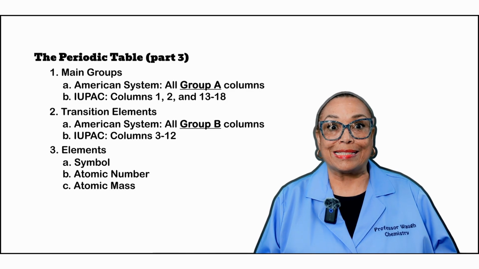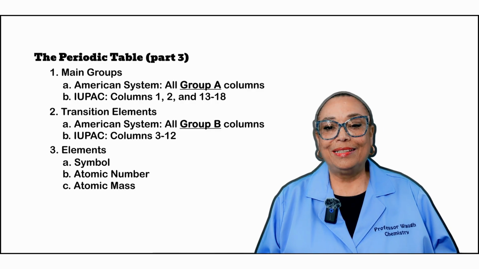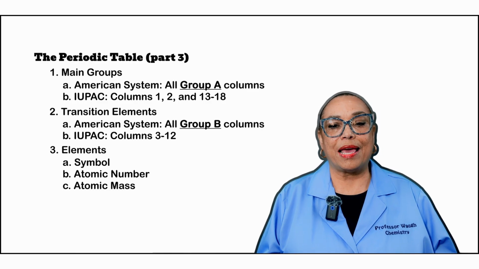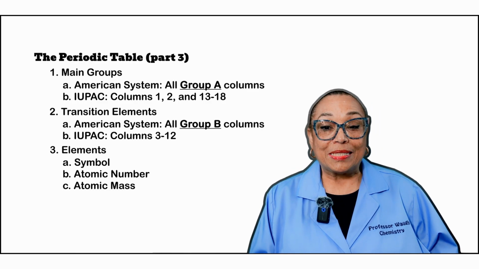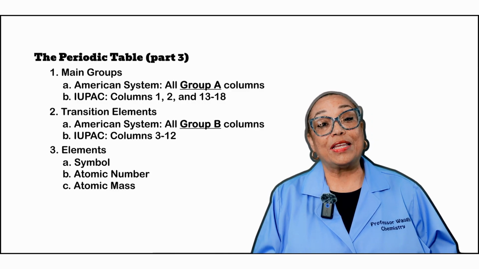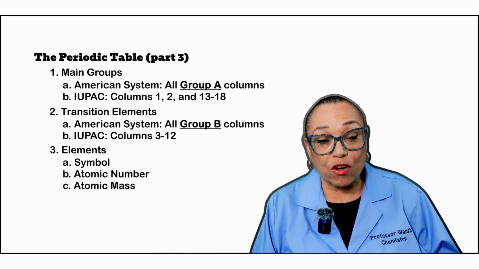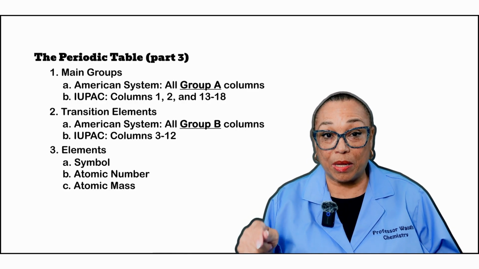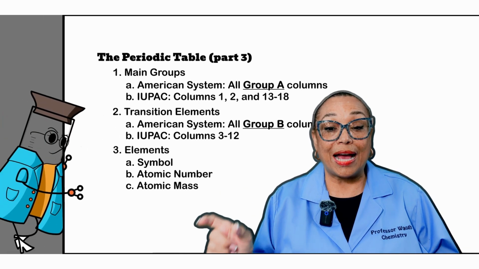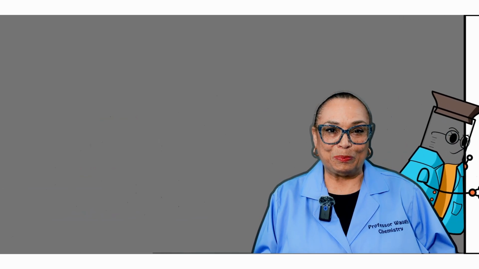Please write it exactly as it appears on the periodic table. The atomic number is how many protons the element has, and the atomic mass is the weighted average for all of the atoms for that element. Be careful not to use that bottom number, the atomic mass or atomic mass units, in your isotopic symbols, which we will discuss in our next video.